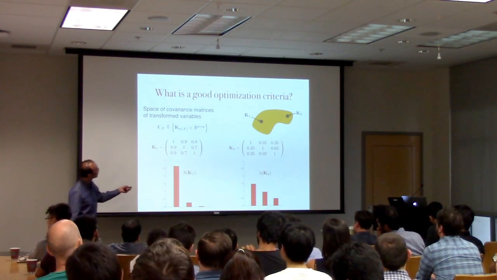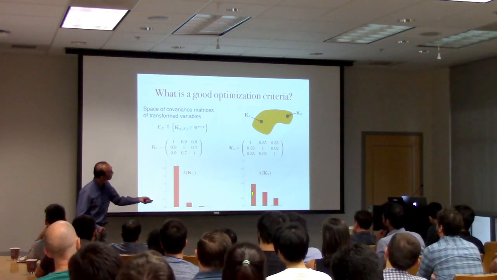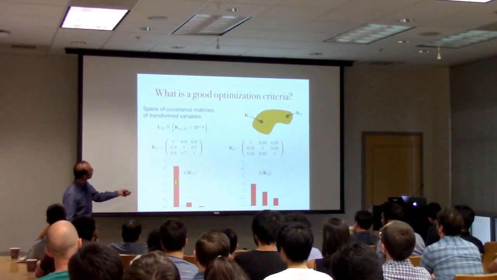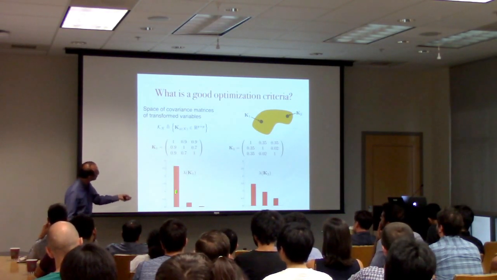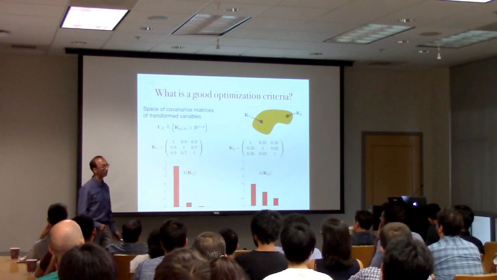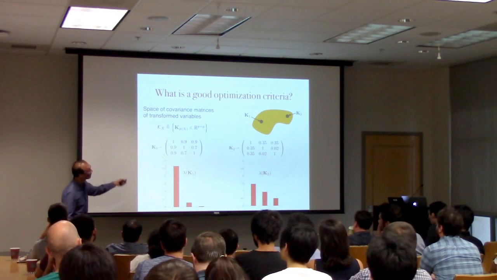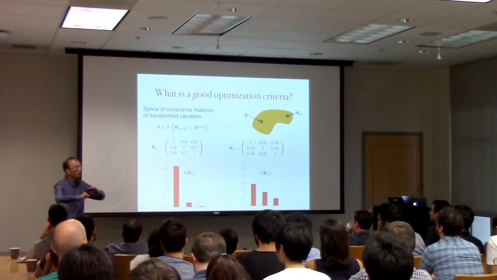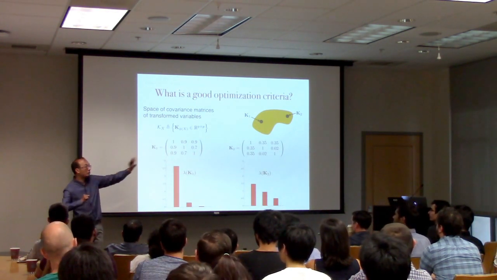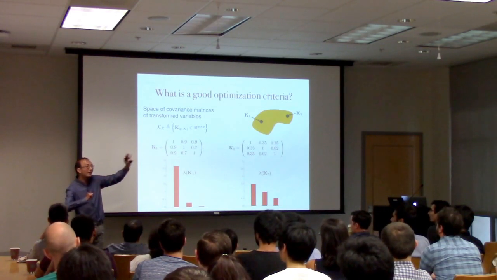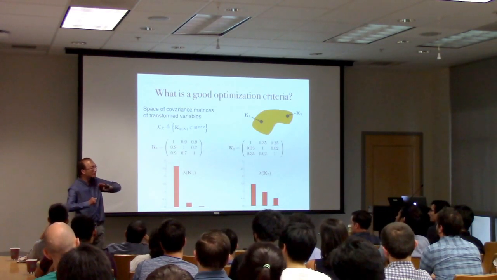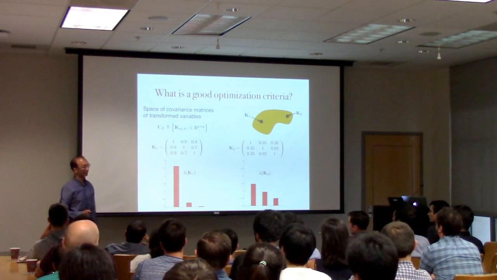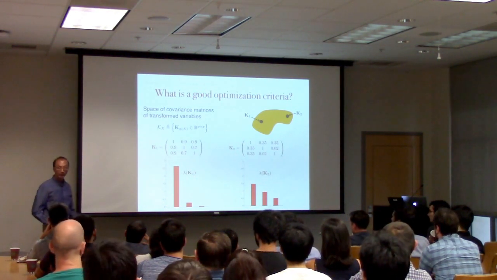So look at this set of eigenvalues and this set of eigenvalues. Now this one has one singular eigenvalue k1, which is very large, and the other ones are very small. So that means this matrix is close to rank 1, not exactly rank 1, but close to rank 1. So if you look at the joint distribution of the random variables, then they lie very close to a one-dimensional subspace. So this should be higher dependency than this one, right?